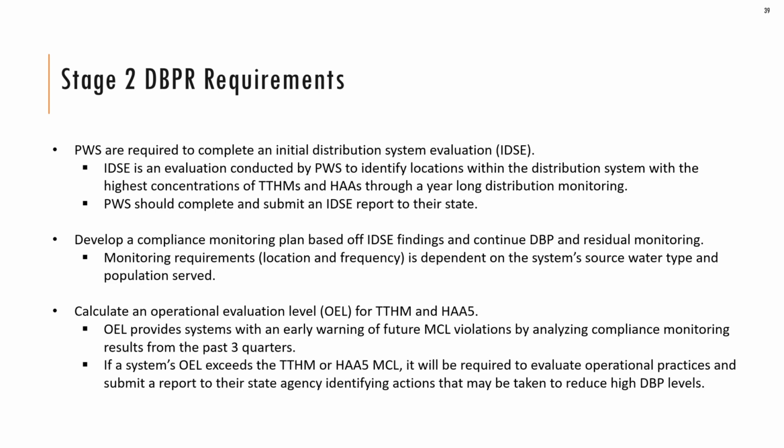So if the calculated OEL exceeds the HAA5 or haloacetic acid or total trihalomethane TTHM MCL, there is an exceedance. The systems will be required to notify the state within a certain number of days and conduct an operational evaluation to determine the cause of the exceedance and submit a report to the state within 90 days of the exceedance, and they will be required to fix those issues.